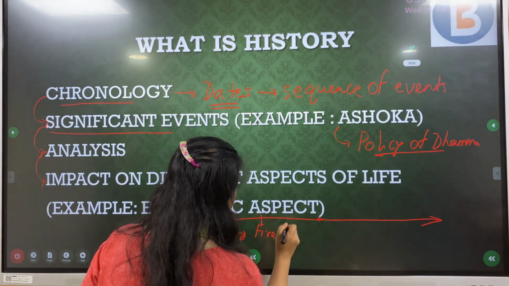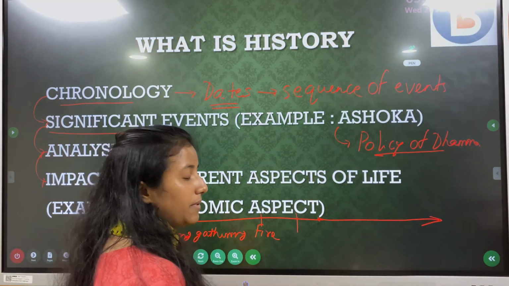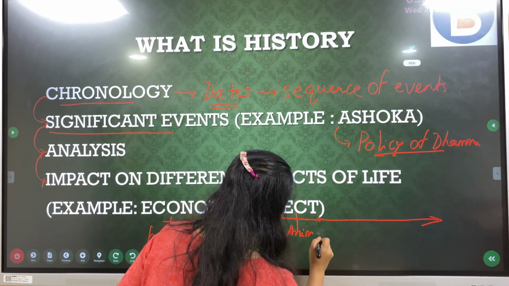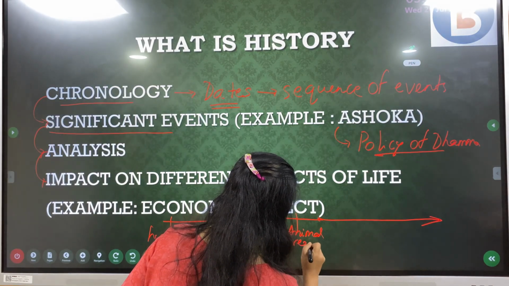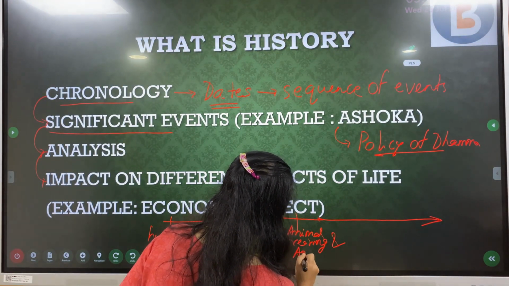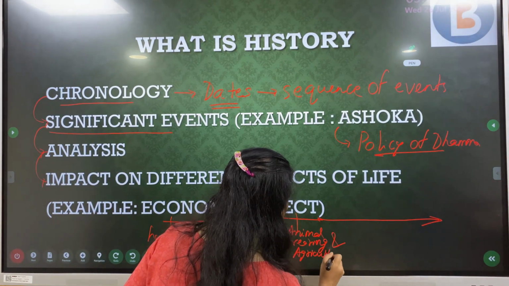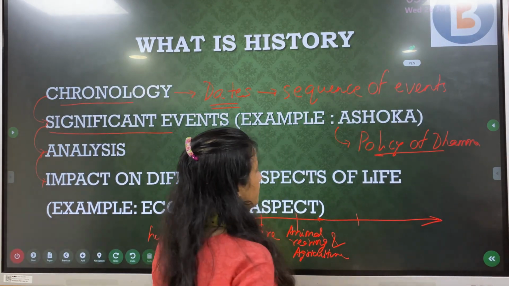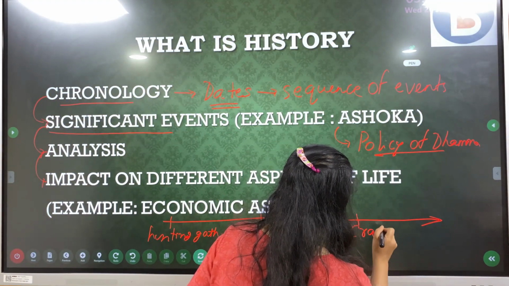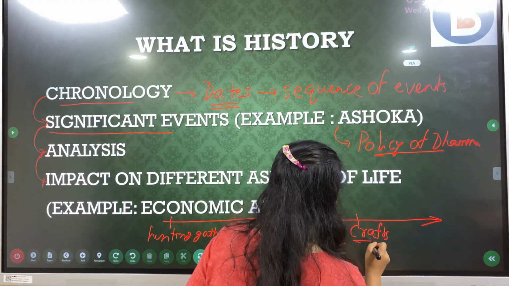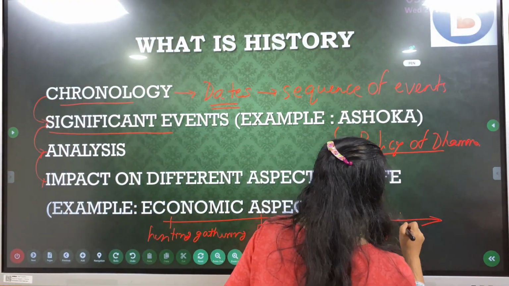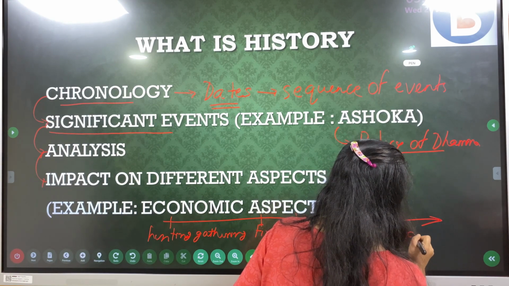This was followed by rearing of animals and agriculture. Then, along with this, various other specializations happened, like crafts came up. Then internal and external trade took place.